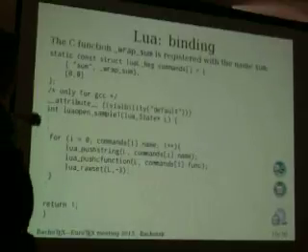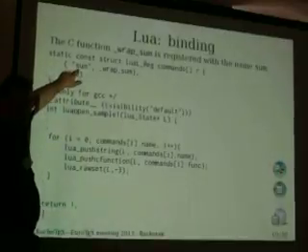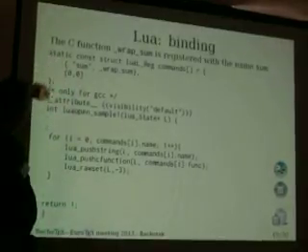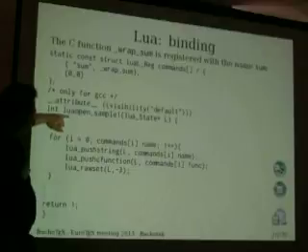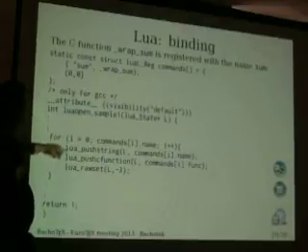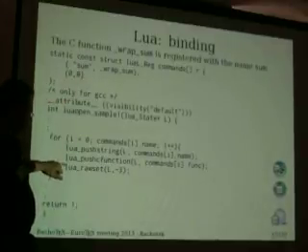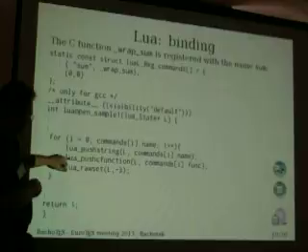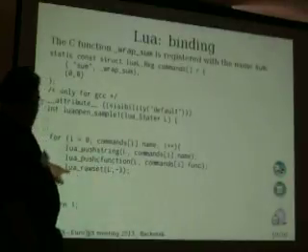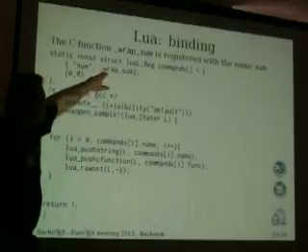Then I register my C function with this name, and in the main entry point of the library I put all the functions of this library, in this case just one. With this I register this function with this name.